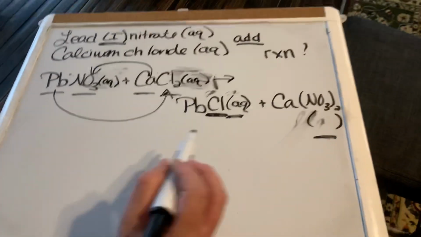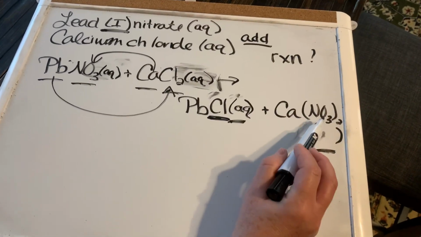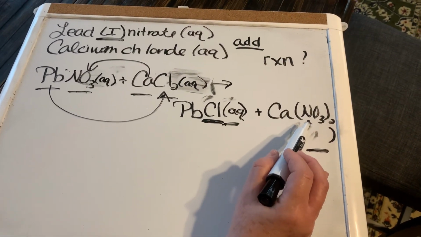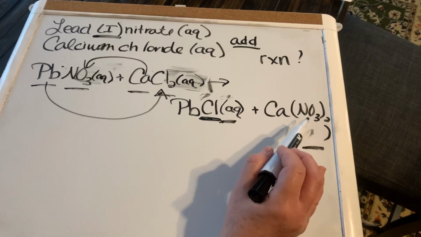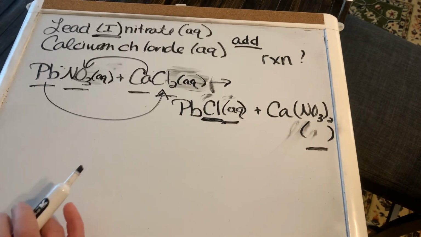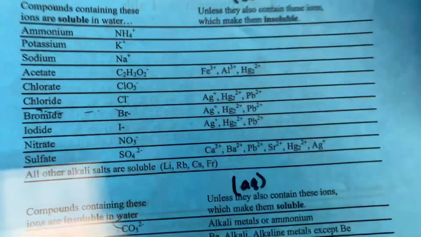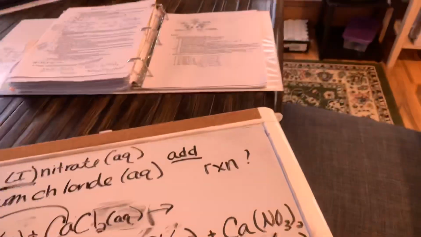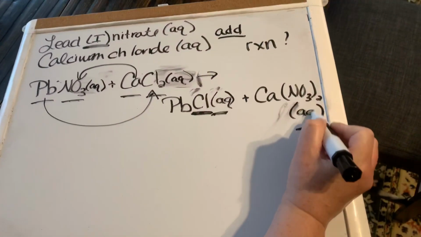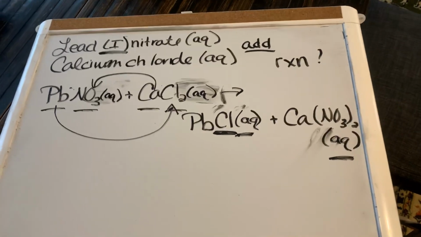So that's aqueous. I'm going to tell you right off the top of my head, nitrate never, ever, ever is a solid. Look, nitrate, NO3 minus. Anytime you see nitrate, you can just go, hey, that's aqueous.